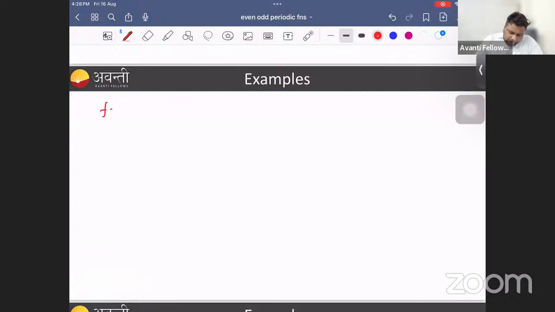f(x) is x upon e to the power x minus 1, plus x by 2, plus 1. Tell me if it is an even function or an odd function. Try quickly.